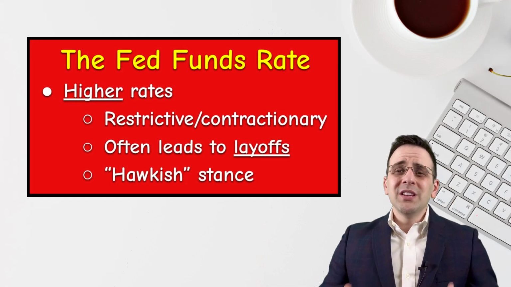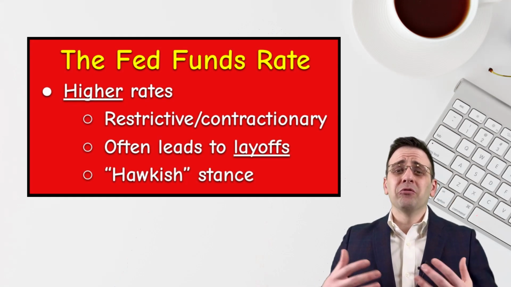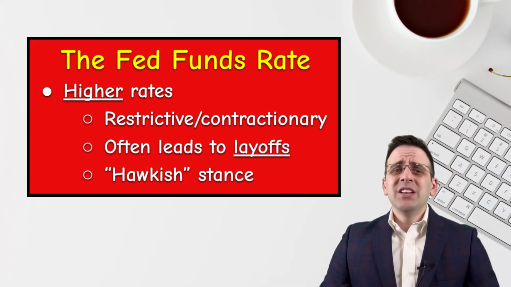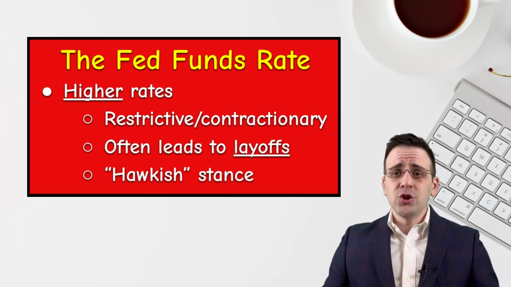When the Fed raises rates, it's considered to be a restrictive or contractionary policy. And when the Fed lowers rates, it's considered to be an accommodative or expansionary policy. It's important to note that when the Fed takes a restrictive stance, its goal is to lower inflation.